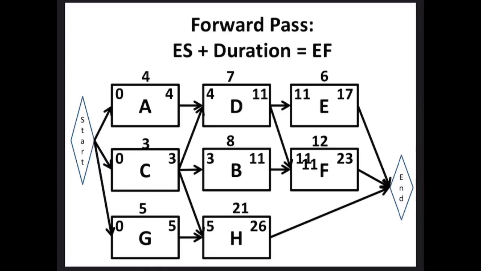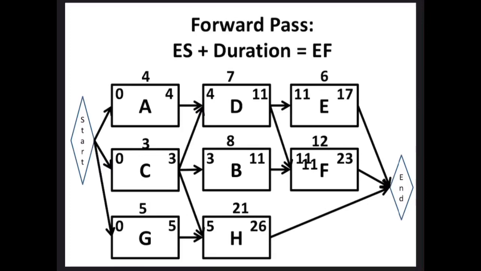So we have to take the bigger number. Going forward, bigger number. 4 plus the duration of D, which is 7, equals 11. That means the early finish for activity D is 11.